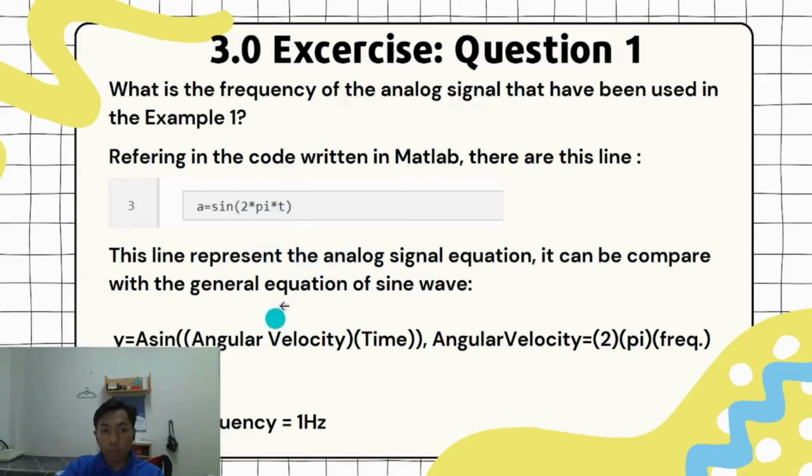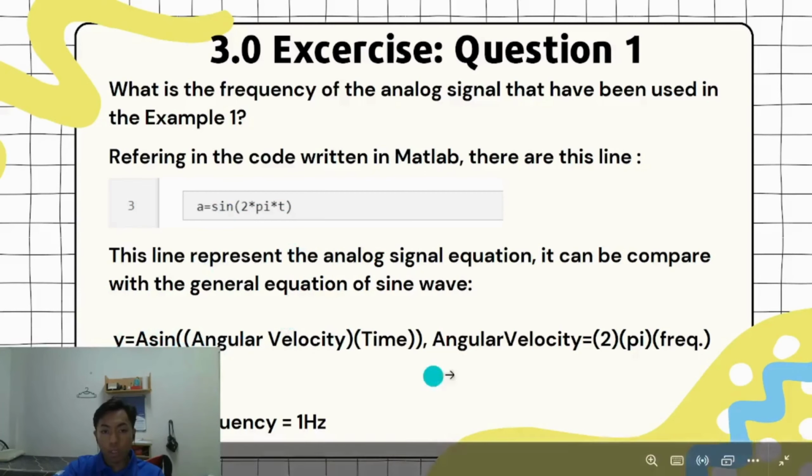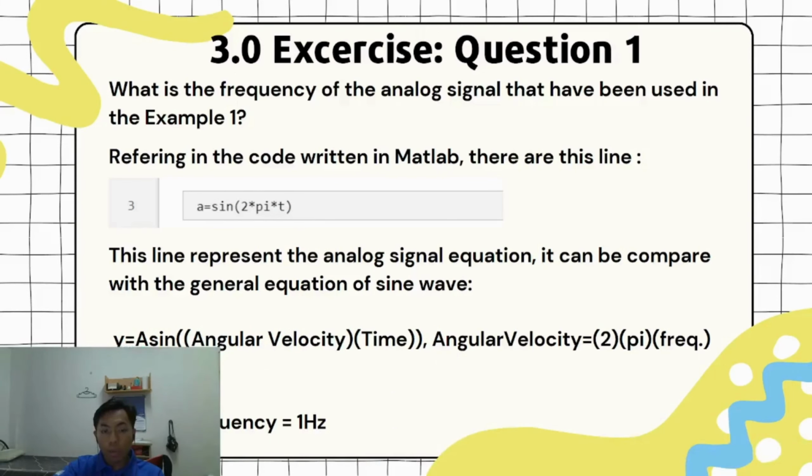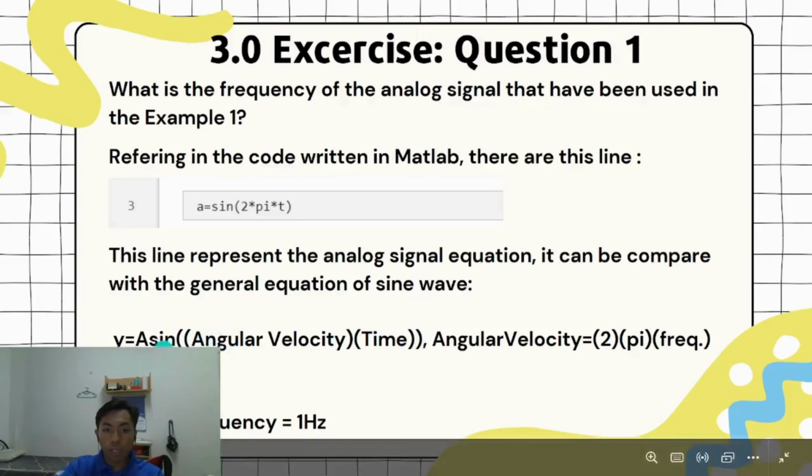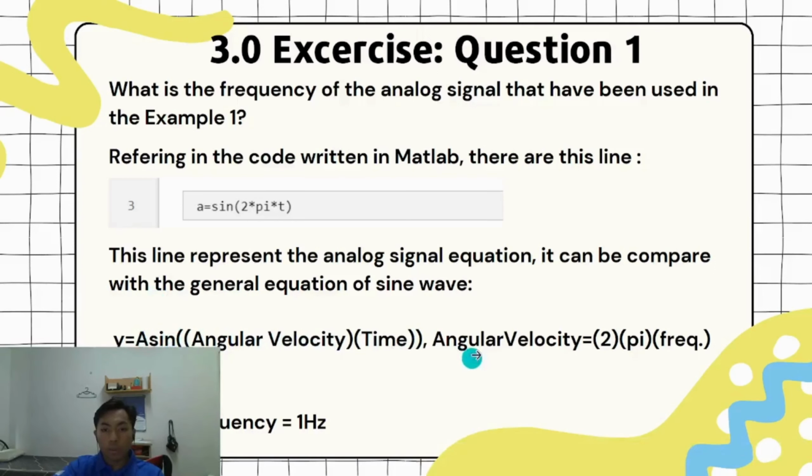The general equation of a sine wave is y equal to A, which stands for amplitude, times sine of angular velocity times time within the argument inside the sine trigonometric function. Angular velocity is equal to 2 pi times the frequency.